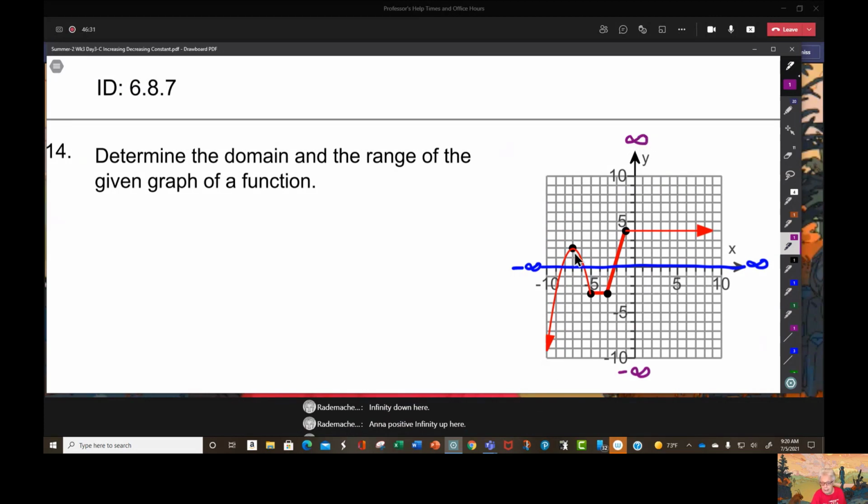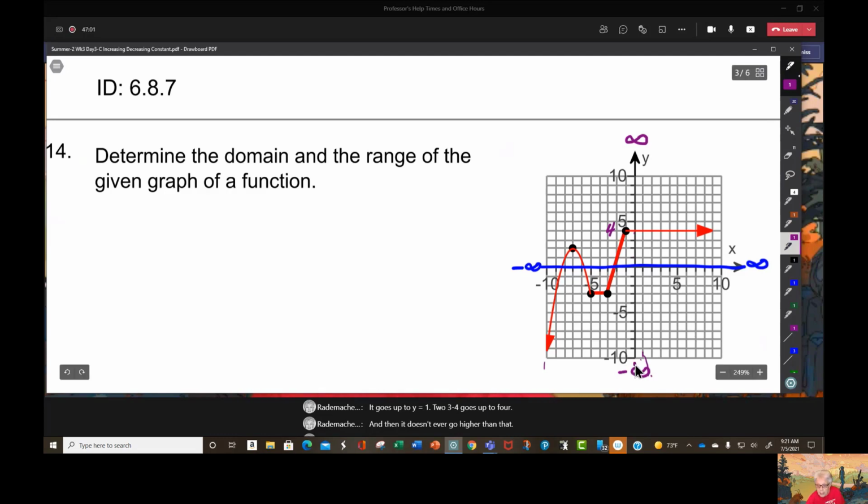So, if this graph keeps going down, and it does, or it wouldn't have an arrow there, the graph keeps going down forever, but it doesn't go up forever. It goes up to y equals 1, 2, 3, 4, goes up to 4, and then it doesn't ever go higher than that.